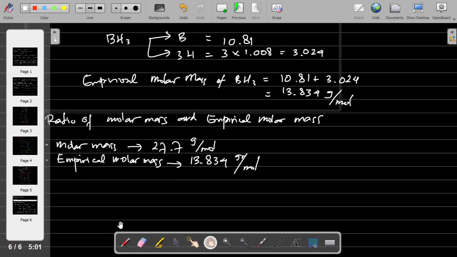Okay, and we make a comparison: molar mass divided by empirical molar mass.